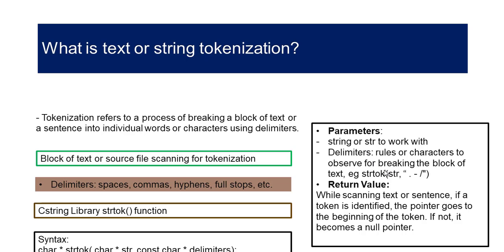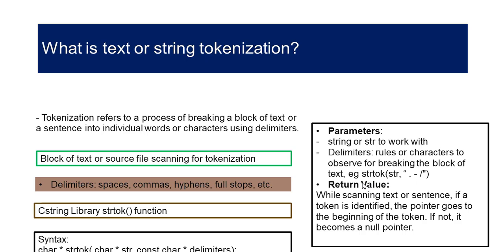For example, this function here, strtok, takes a string, and the delimiters are in quotes because they are a string. Here we have a space, dot, hyphen, and forward slash. So these are the delimiters that we have specified as part of our tokenization.